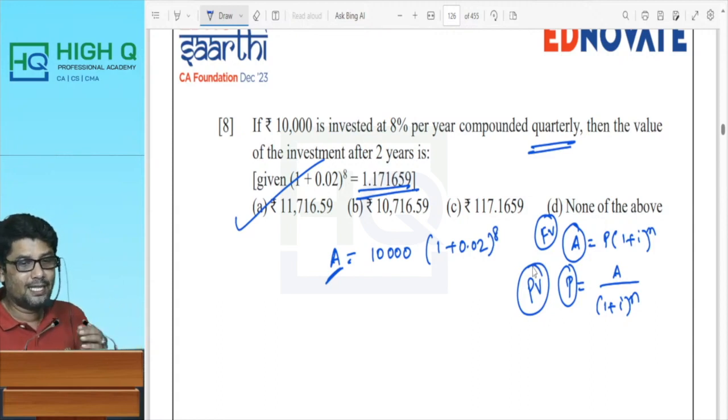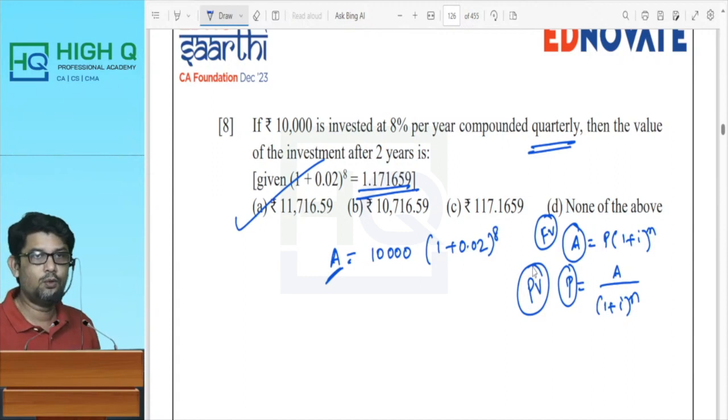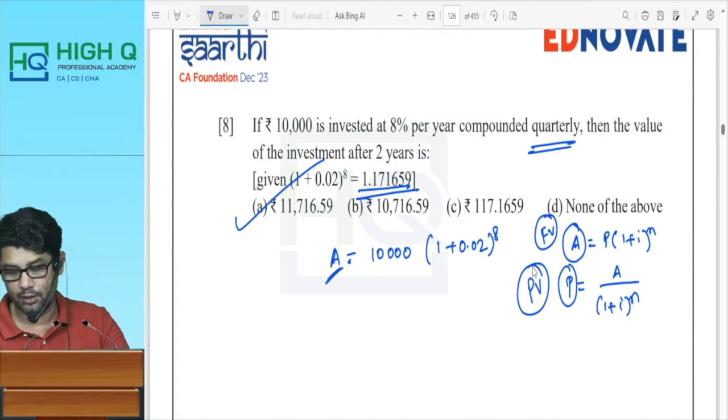Or otherwise, if you want to follow these types of methods, better you watch my time value of money lecture from my YouTube channel, complete 100% lecture uploaded. There you can get to know what exactly these concepts are.